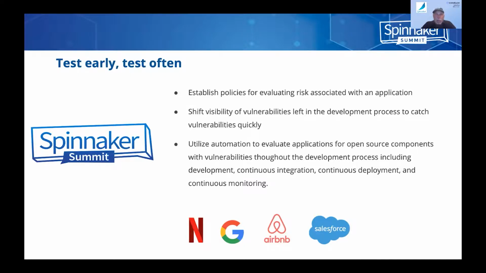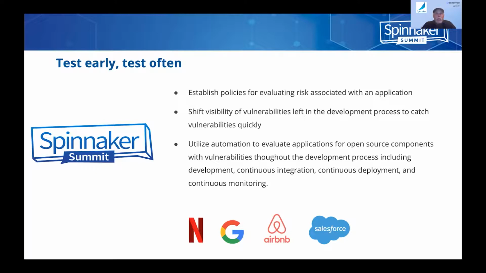Establish policies for evaluating the risk associated with the application. For instance, CVSS scores are a way to know if there were any CVEs reported against the open source components. Establish policies that say we want to limit the severity of the CVE score of any vulnerabilities identified as part of an open source component.